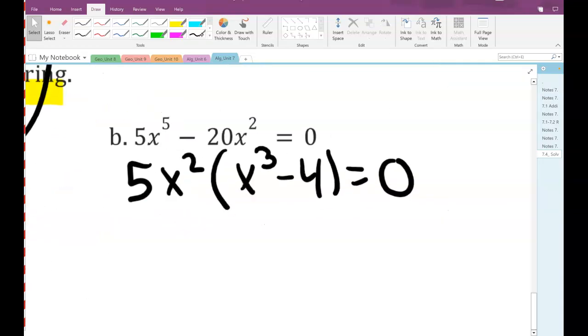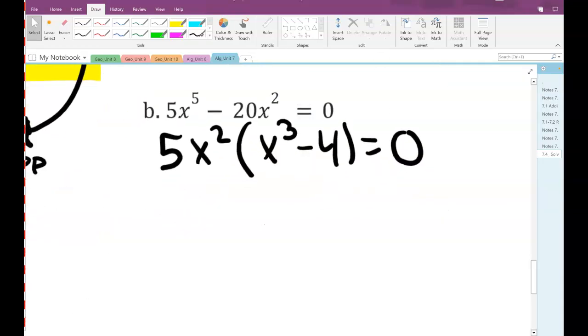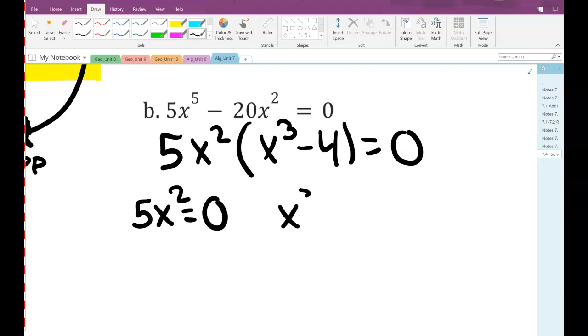So that's what we already had in factored form. And now we've got to solve. So we get 5x squared equal to 0, and then x to the third minus 4 equal to 0, and we get our two answers for x.